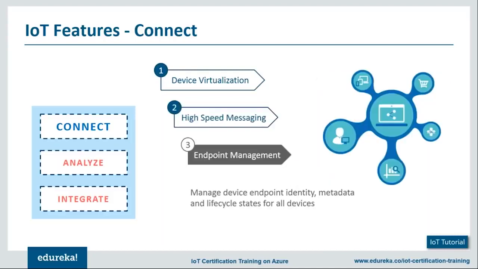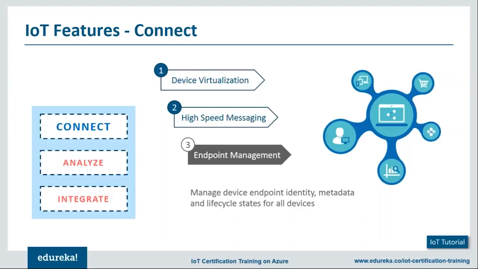Moving on to the third point of Connect, you need to have endpoint management. If I don't have endpoint management, I have established a way through which all my devices can connect to my platform. I've also ensured that the data is going to be sent from the device to the cloud, and the cloud can send back to the device as well through a secure channel. But if I don't actually identify from which device which data is coming and how this data has to be processed, then it becomes a failure of the system.